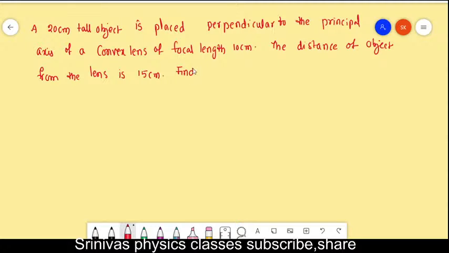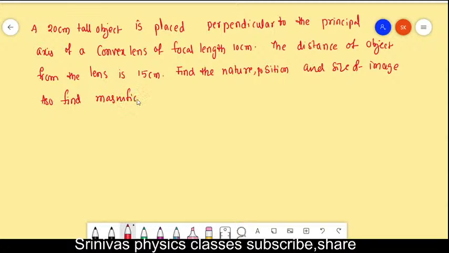Find the nature, position and size of the image. Also find its magnification. So many questions they are asking to find. Okay, one by one we start. This is problem number 1.